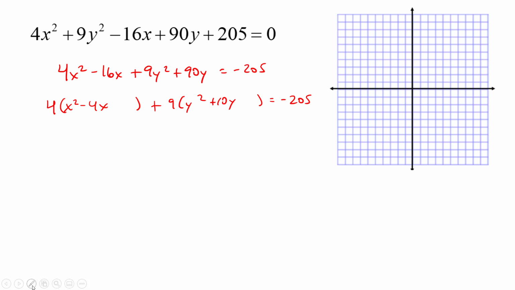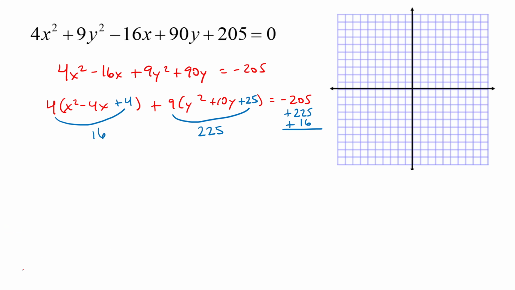Completing the square, again, I'll use a different color. This is going to be plus 4. This is going to be plus 25. But again, you really added 16, and you really added 225. And so that's all going to come out to 36 when you're done.